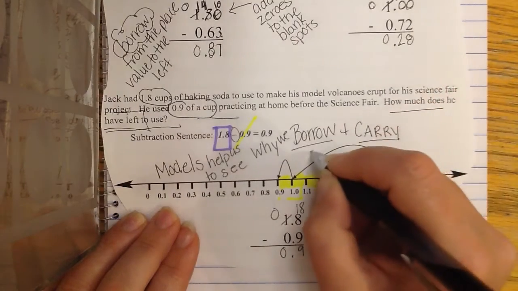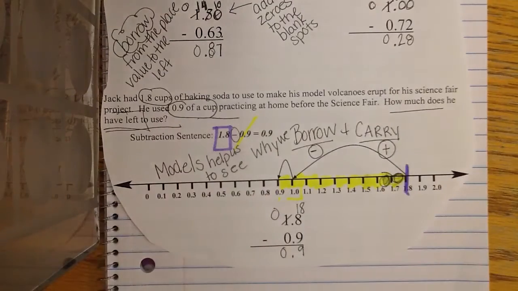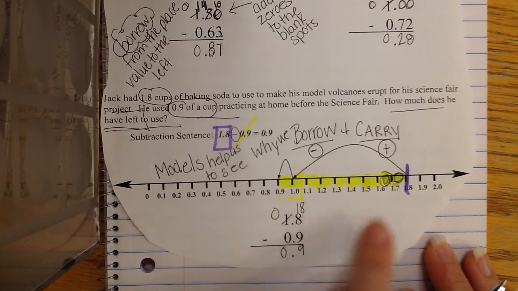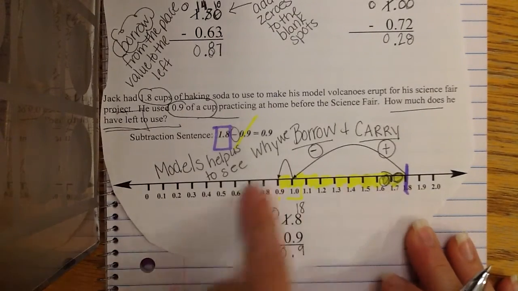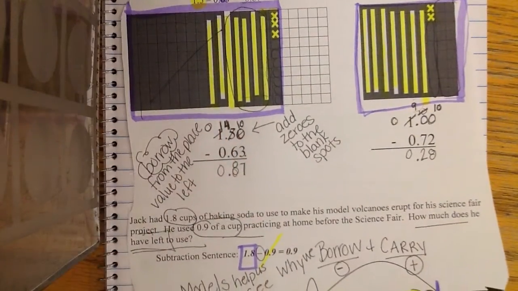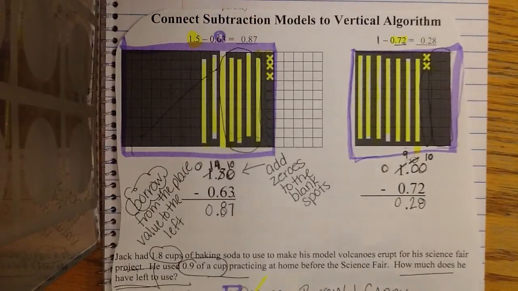Borrowing is when we subtract, carrying is when we add, when we have to group things together or ungroup them. When we go past the whole and we have to turn them from wholes and tenths into all tenths. When we have to break up wholes and we have to borrow from them. That's the purpose for why we did all of these models. But you can always use them to add and subtract if they make more sense to you than the standard algorithm does.